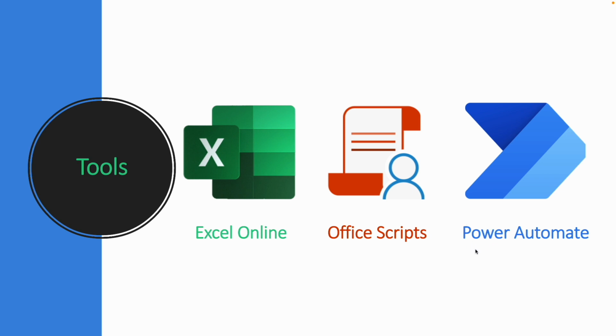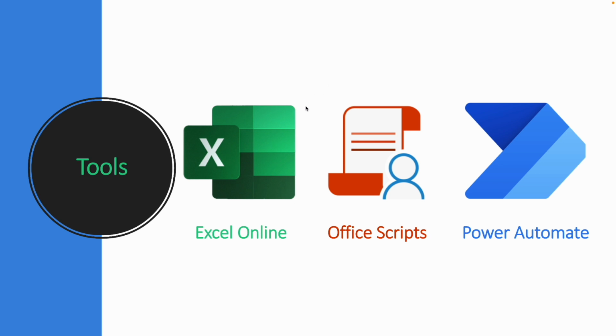It was MS Flow, if you heard about this. Basically they're the same thing, just the name was changed to this Power stuff: Power BI, Power Apps, Power Automate. So basically it's just a family naming habit like this. All right, these are the tools we're going to use.